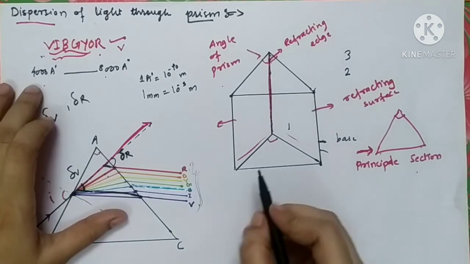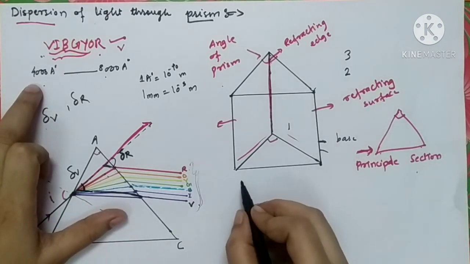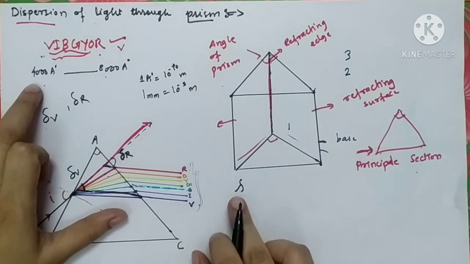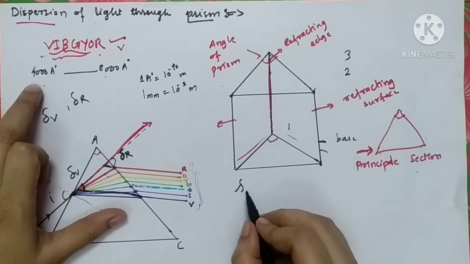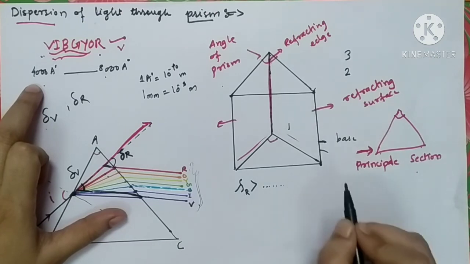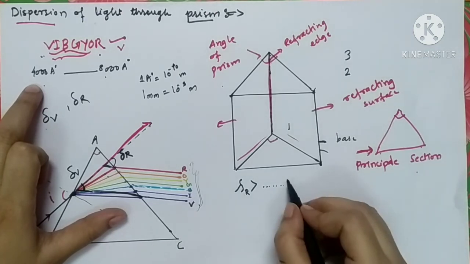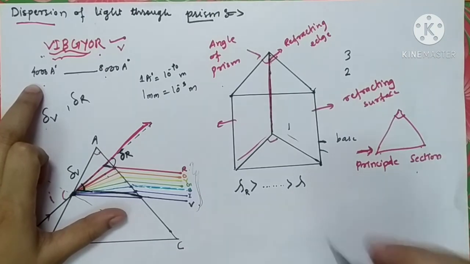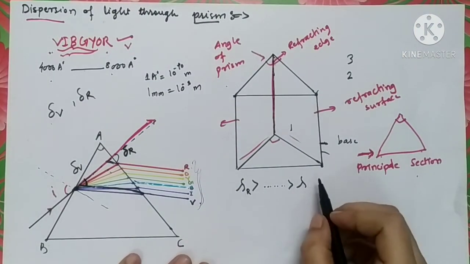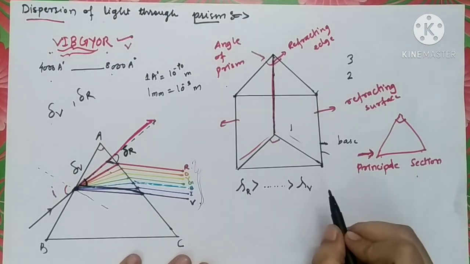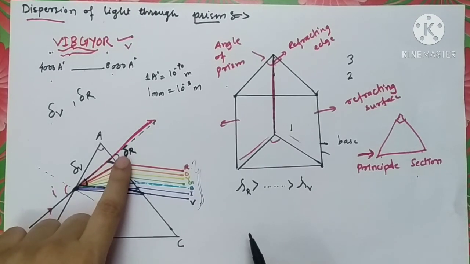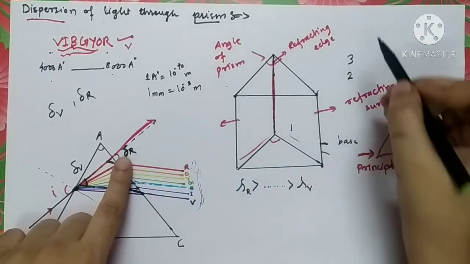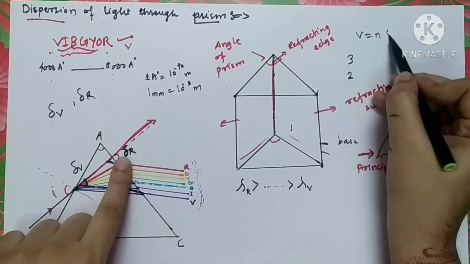So here we can write one data about the dispersion of light, that lambda is the notation for the wavelength. So the wavelength of red color will be maximum, then the wavelength of the rest of the colors lies in between, and the last color, violet, is going to have the minimum wavelength, lambda V. Similarly, we have the formula velocity v is equal to n lambda.